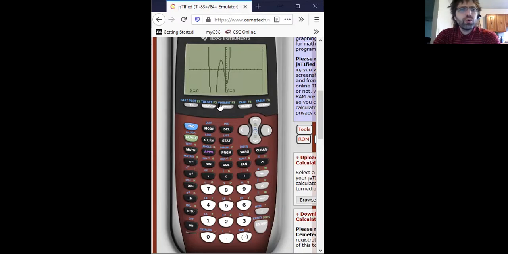We see 4 roots. And it looks like maybe some of them are nice whole numbers. Like maybe 1 is our root, and maybe -2 is our root.